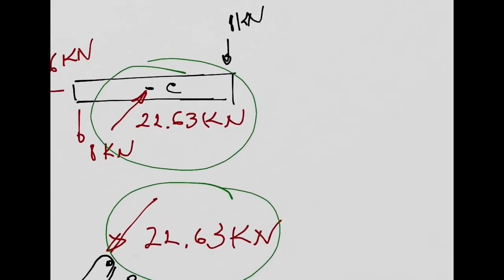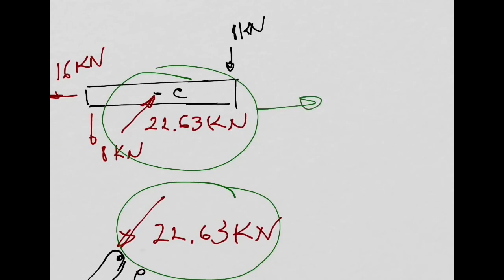And if we now look at this beam only, we know that at point C of my beam, I will have this 22.63 kilonewtons. I can easily say that my horizontal reaction and vertical reaction, so this is going to be my Cx, is going to be equal to what?